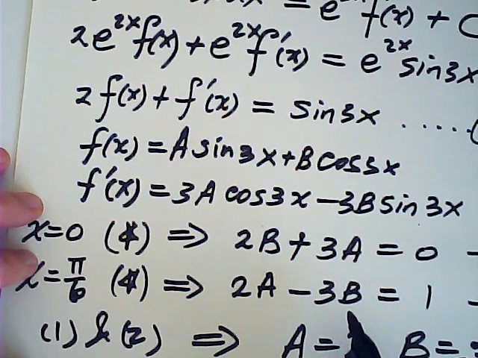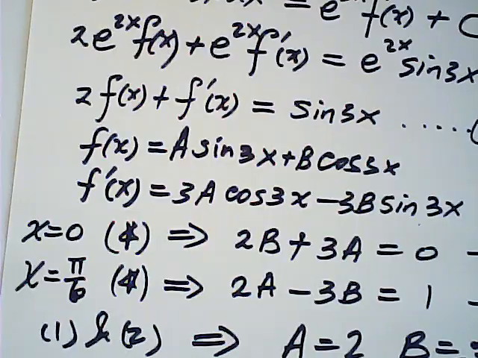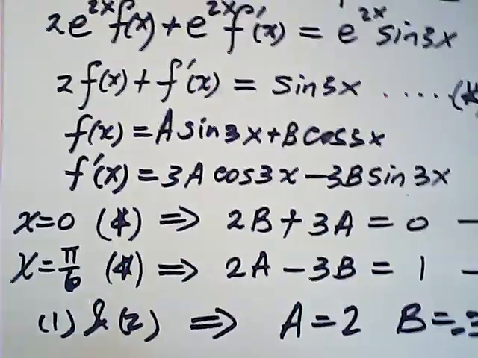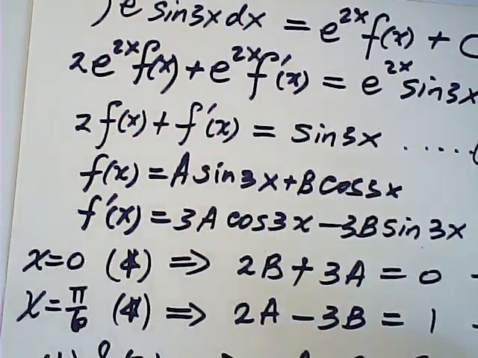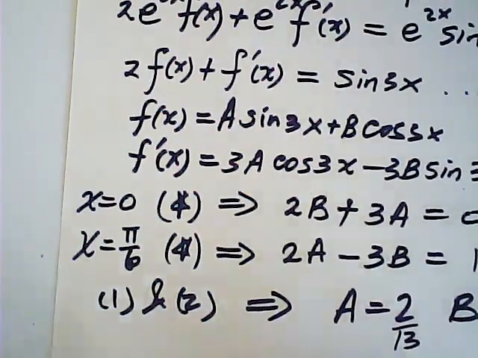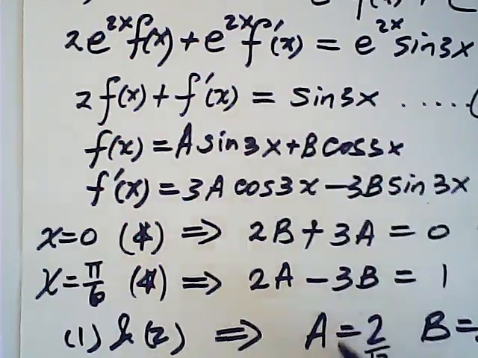Wait a minute. Well, I made a mistake. A is 2 over 13, and B is 3 minus 3 over 13. Okay, I just saved time solving these simultaneous equations.